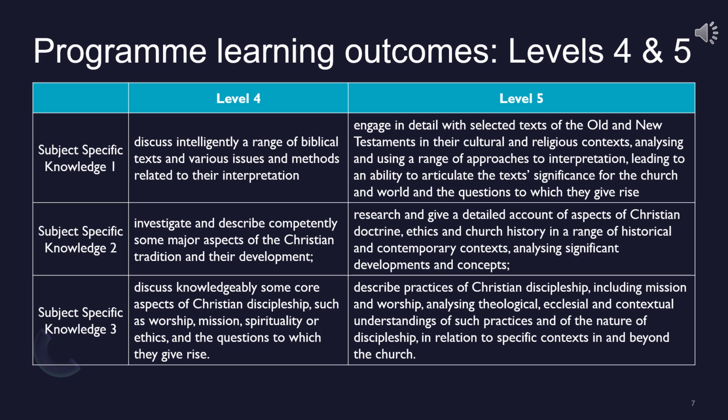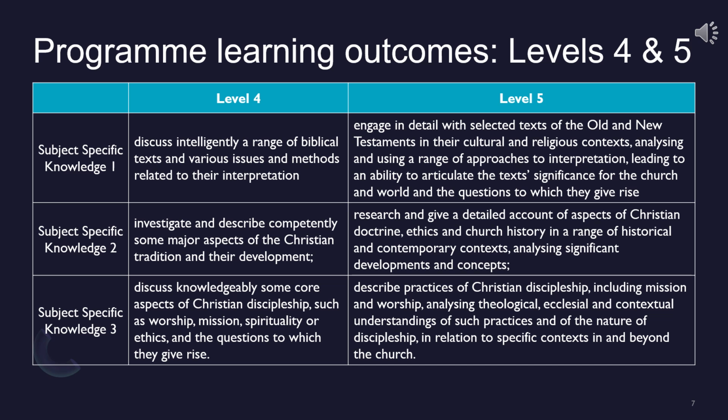Here you can see that whereas Level 4 is asking you to discuss intelligently a range of biblical texts, so that's kind of writing something that shows us that you've learnt something and you have understood it. At Level 5, there's more focus on detail on selected texts.